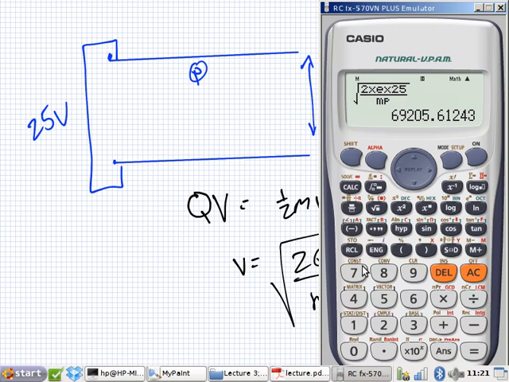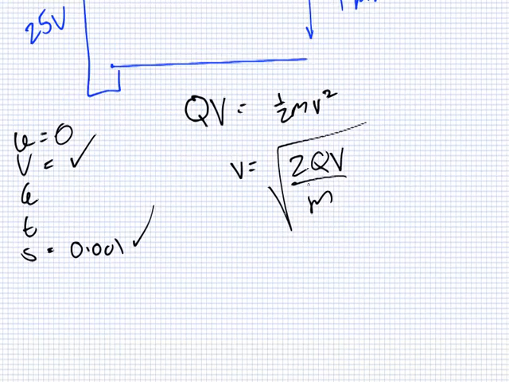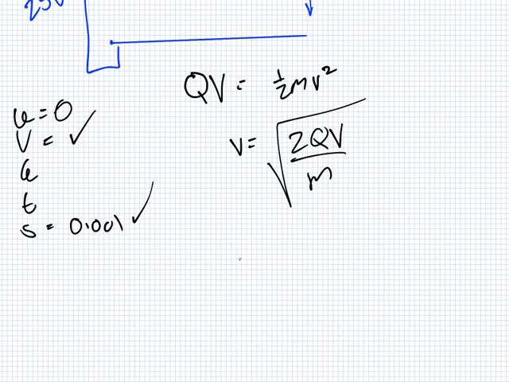So what formula would be best to give me the t? Well, let's see. I know the u, I know the v, and I know the s. So what could give me the t? V squared equals u squared... No, not this one.